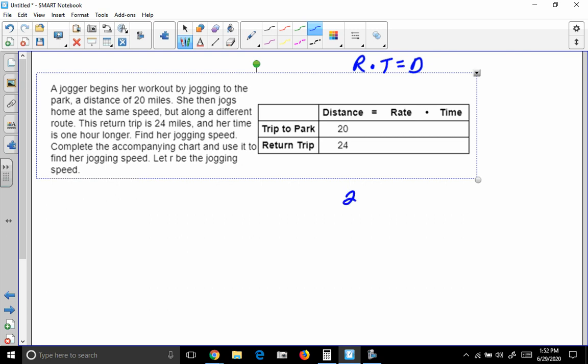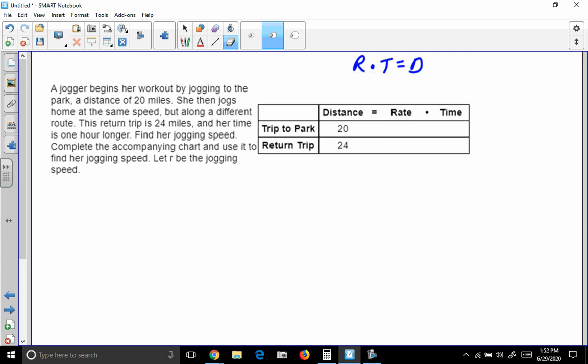For example, if you're going 20 miles per hour for 2 hours, that's 20 miles in the first hour and 20 miles in the second hour, or 20 times 2, and that would give you 40 miles. So rate times the time equals the distance.